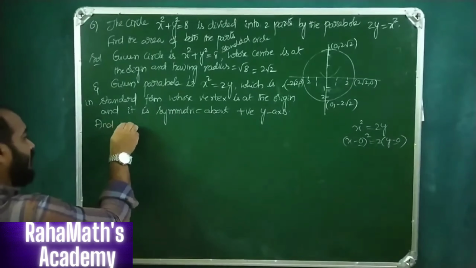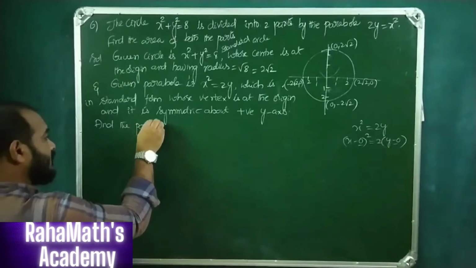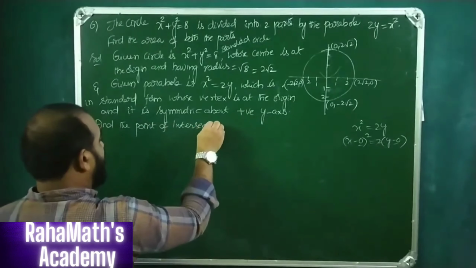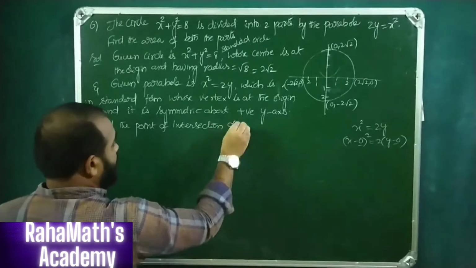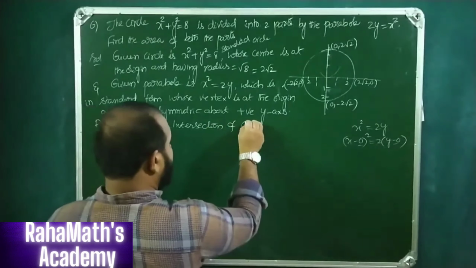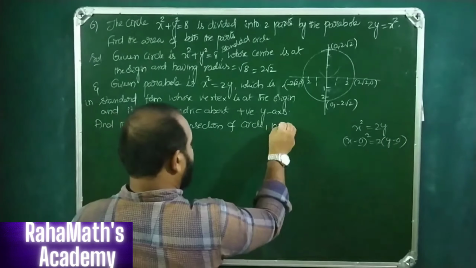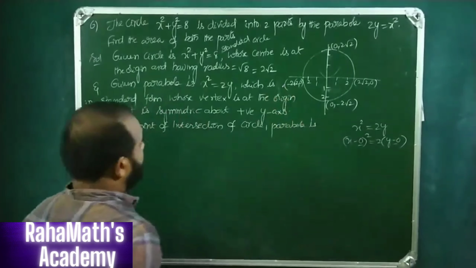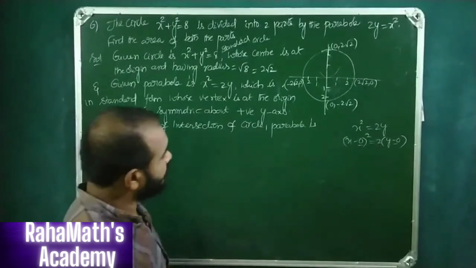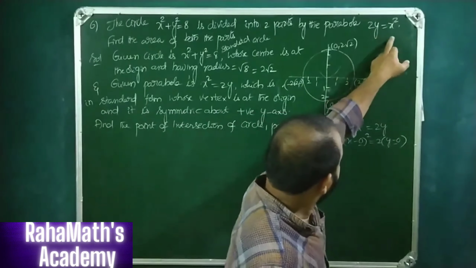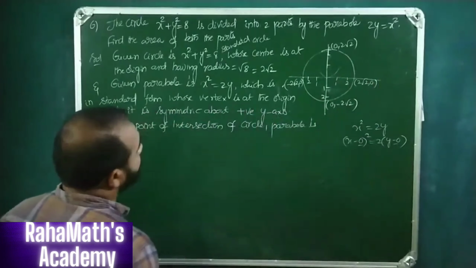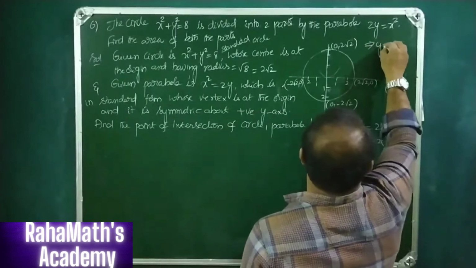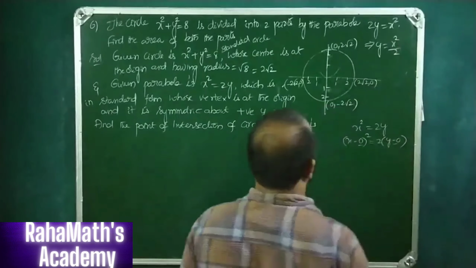The point of intersection of circle and parabola: here y equals x square by 2.